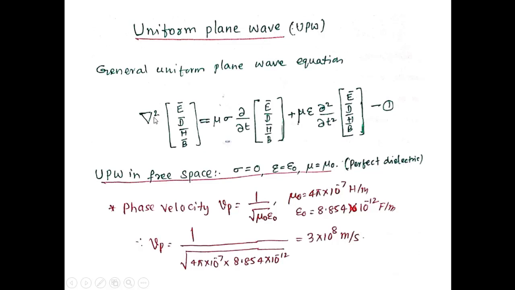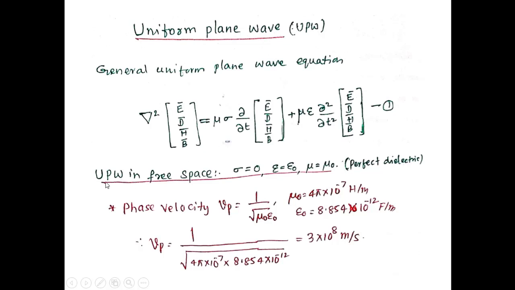And the third equation, del square H bar is equal to mu sigma dou by dou t H bar plus mu epsilon dou square by dou t square H bar. This is in terms of magnetic field. And the fourth equation is del square B bar is equal to mu sigma dou by dou t B bar plus mu epsilon dou square by dou t square B bar in terms of magnetic flux density.